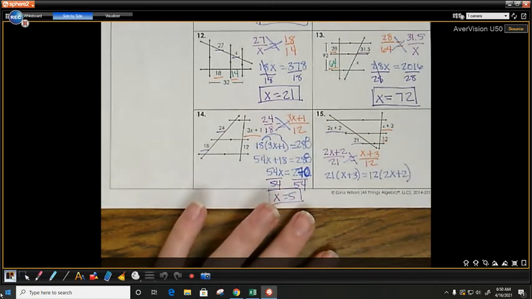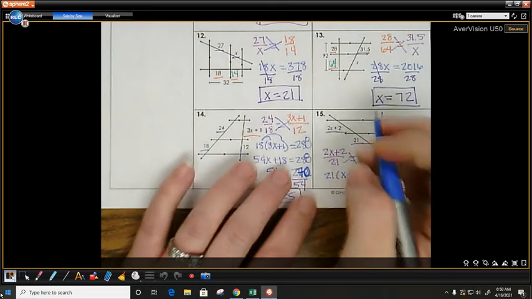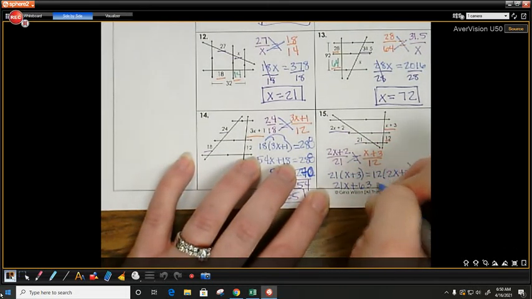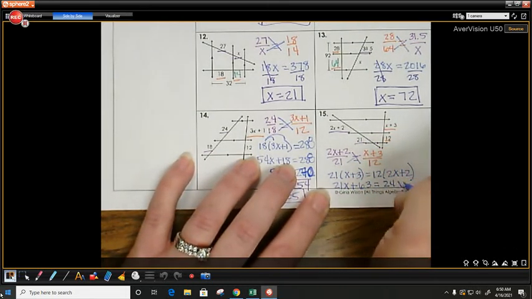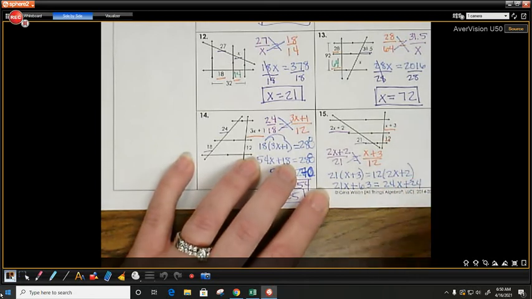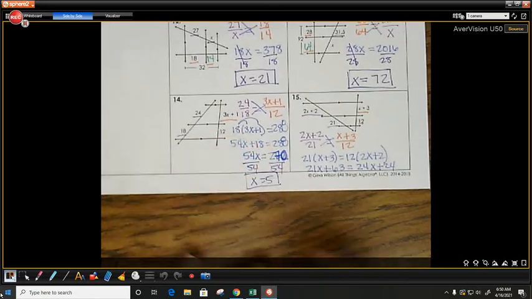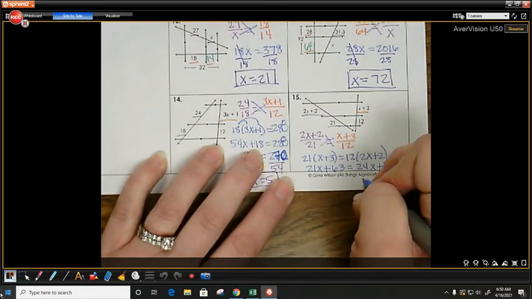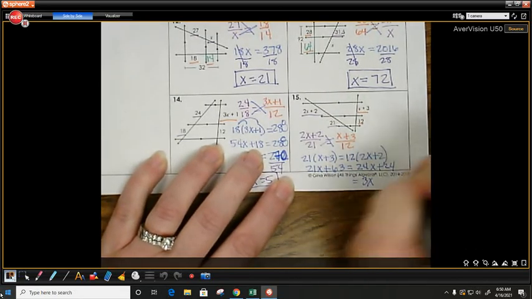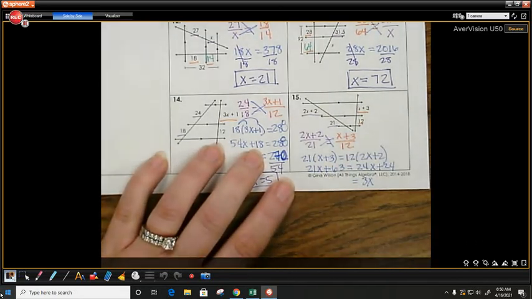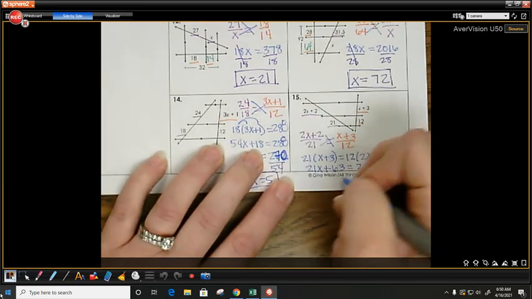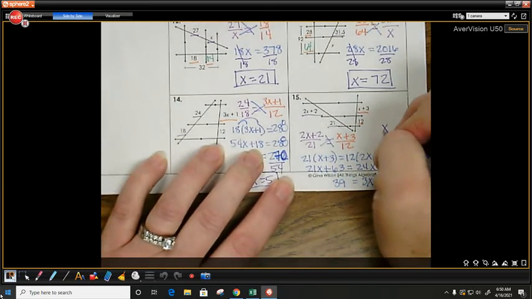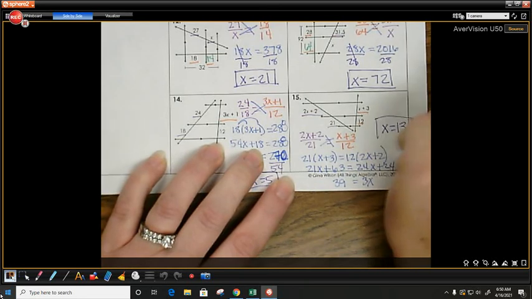I'm going to distribute, and I get 21x plus 63 equals 24x plus 24. Running out of room a little bit. I'm going to move my 21 over, and I get 3x. I'm going to move my 24 over, and I get 39. And then divide both sides by 3, and we get x is 13.